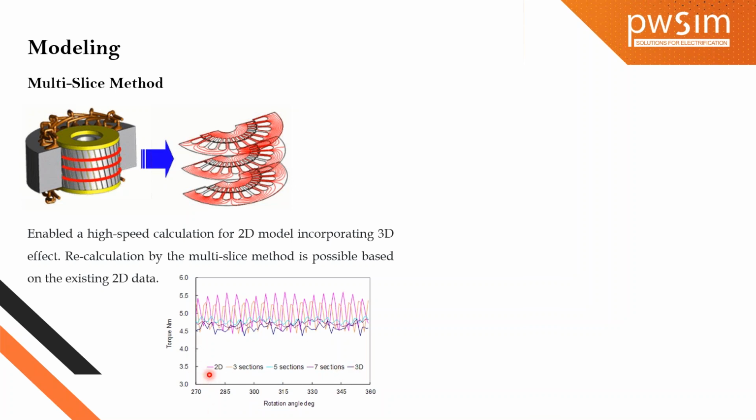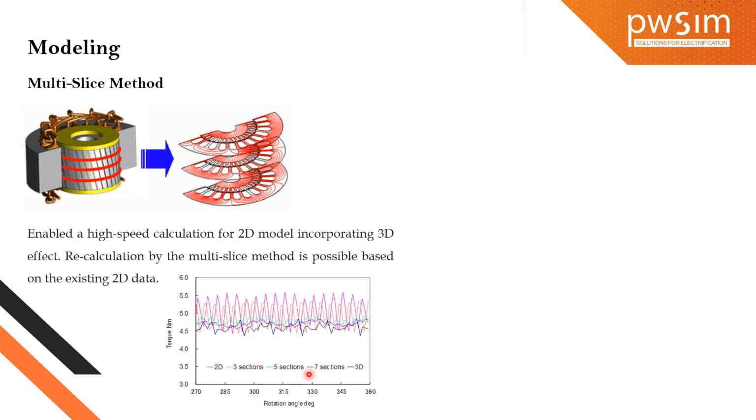For example, this line is a 2D result where you do not have a smooth curve. For a 3D section, we have a smooth torque ripple. The same 3D graph can be created by using the multi-slice condition, where you will have the same curve as in the 3D section by defining 5 sections or 7 sections depending on the model length.